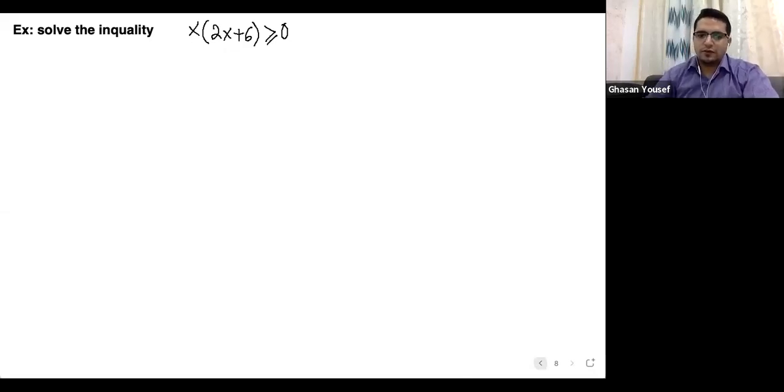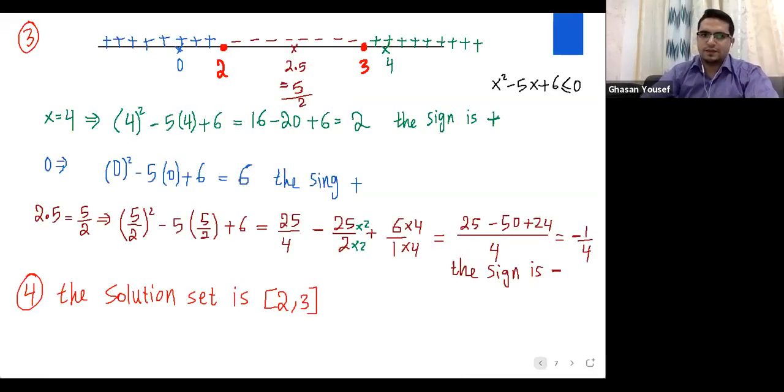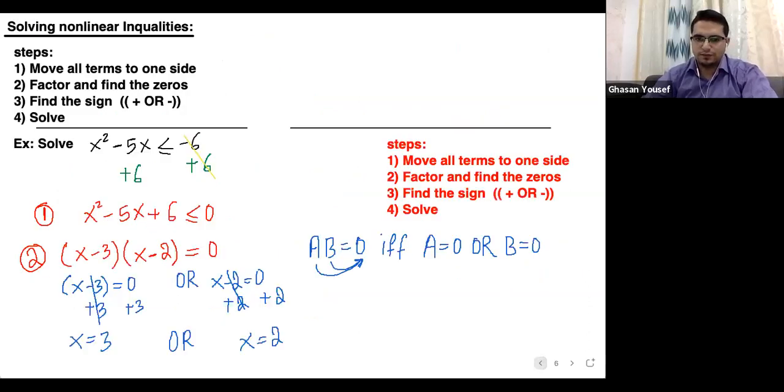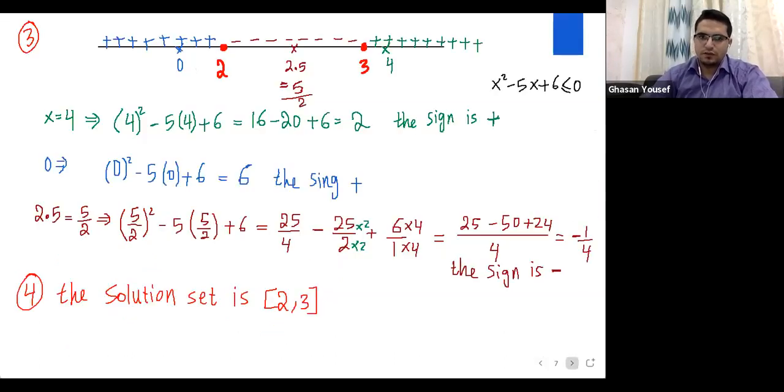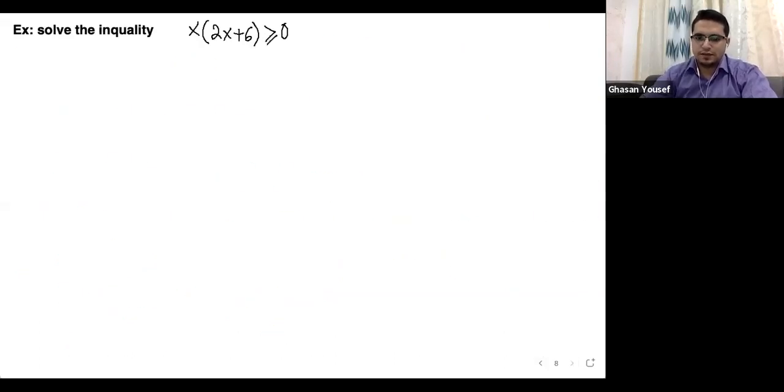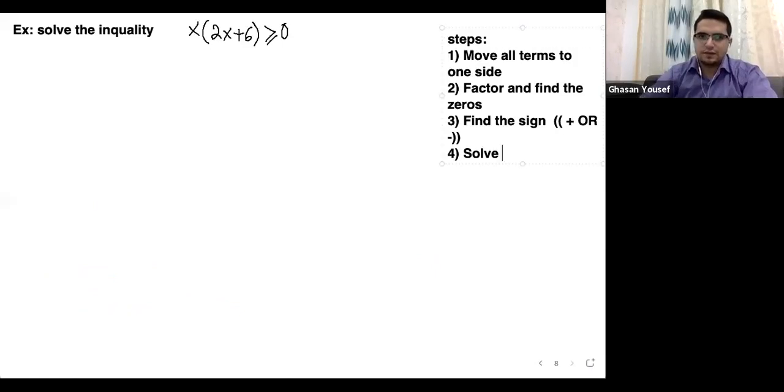So again, we have to follow the steps. This is the steps, the red one. x times 2x plus 6 inside the parentheses.